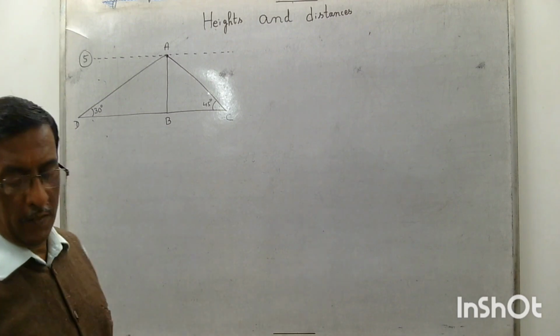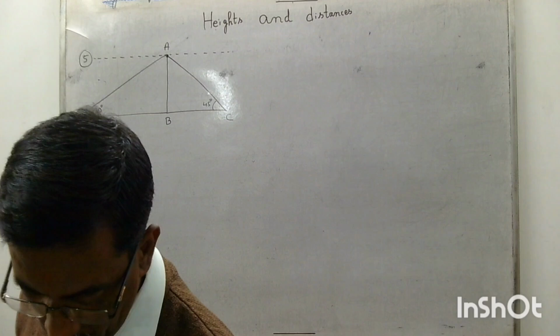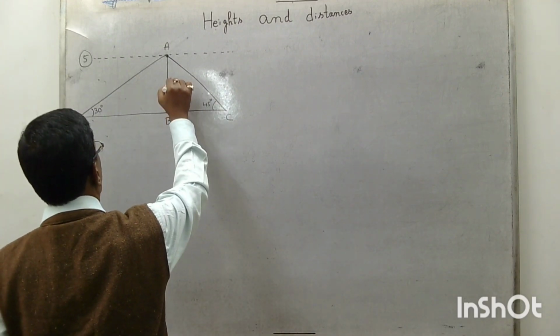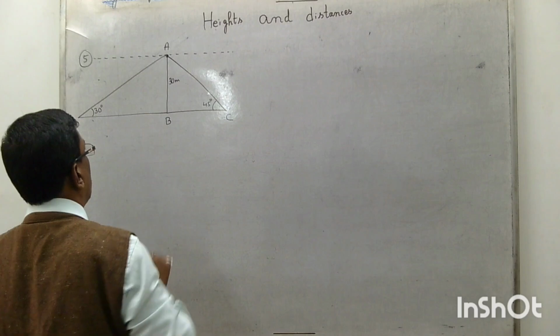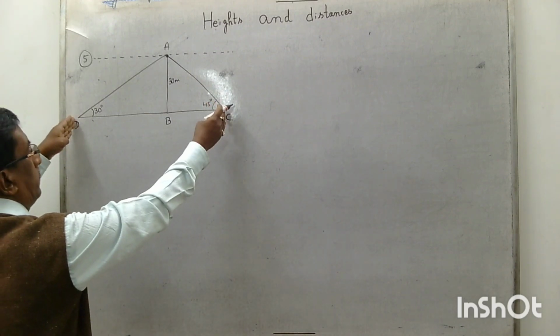Height of the bridge above the river is 30 meter. This is the width of the river.